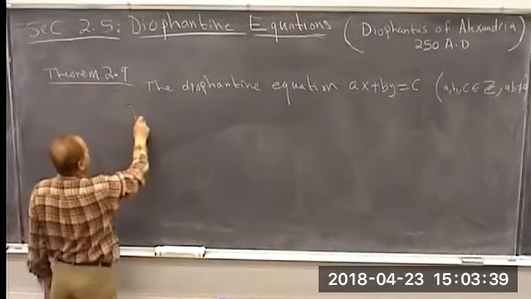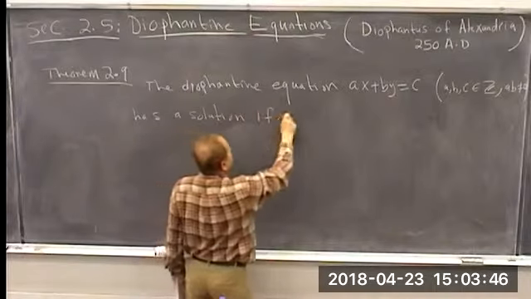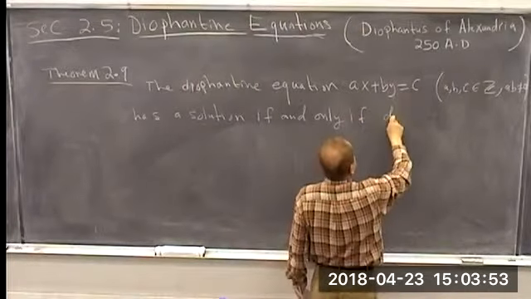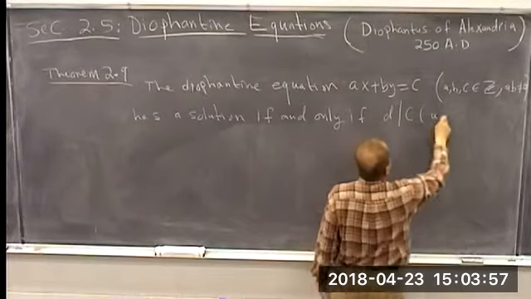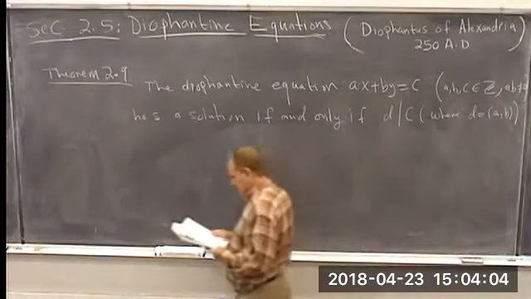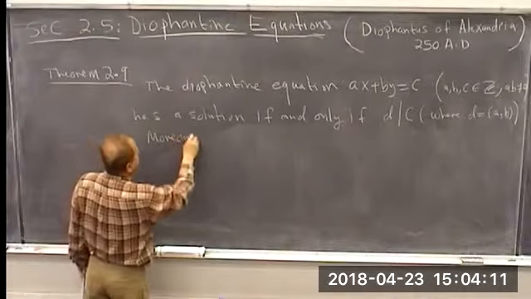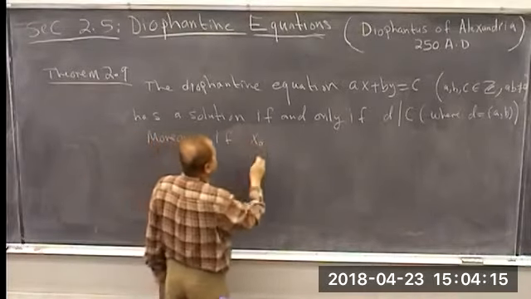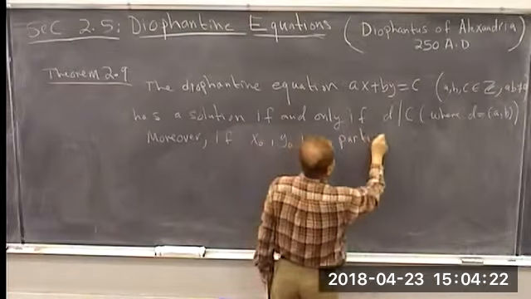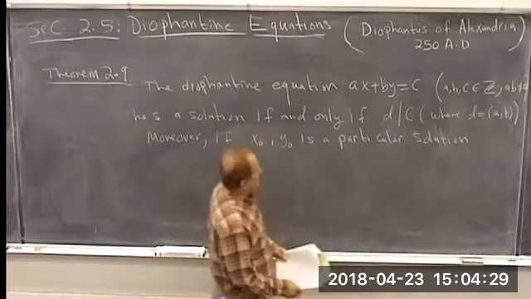This has a solution if and only if the greatest common divisor D divides C, where D is the greatest common divisor of A and B. Moreover, if x sub 0, y sub 0 is a particular solution, what does this mean, a particular solution?